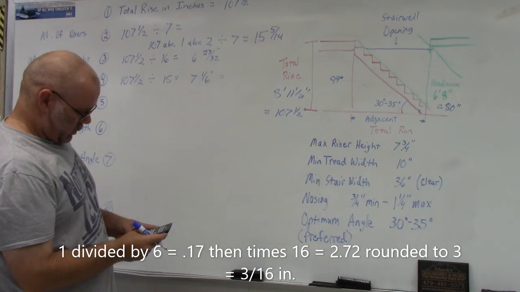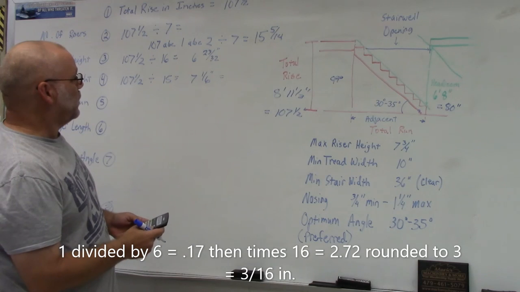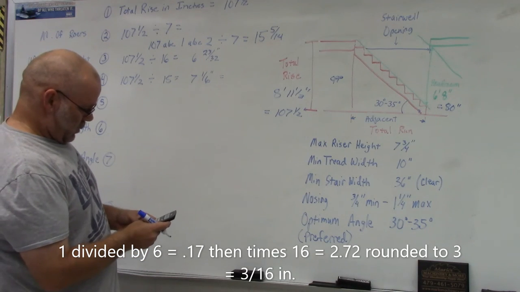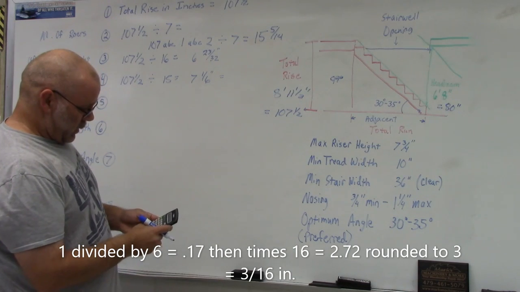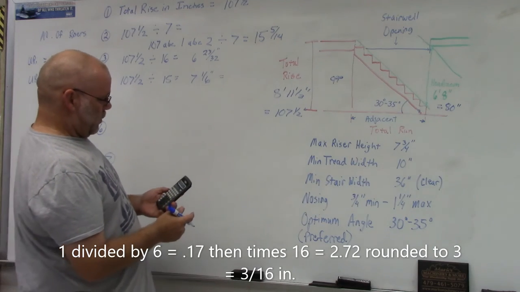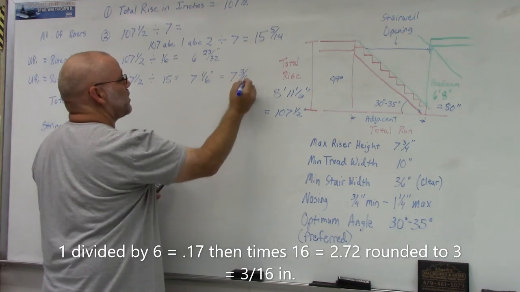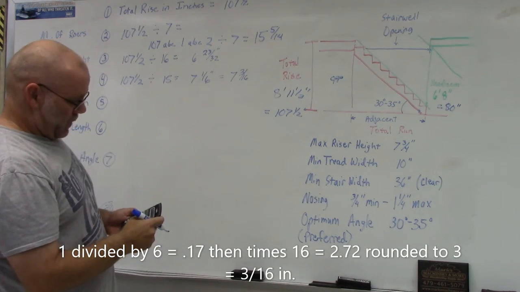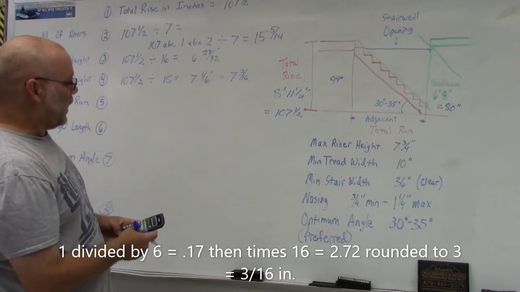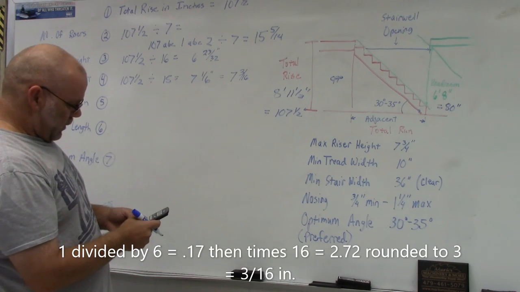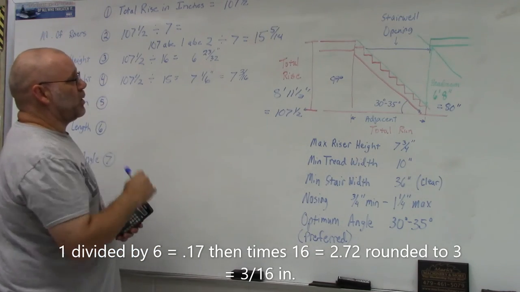So we would convert that: 1 divided by 6 is 0.167, rounded up 0.17, times 16 is 2.72, so 7 and about 3/16 of an inch. 3 divided by 16 would be 0.1875, and 1 divided by 6 would be 0.1667, so they're close, within a couple hundredths of an inch.